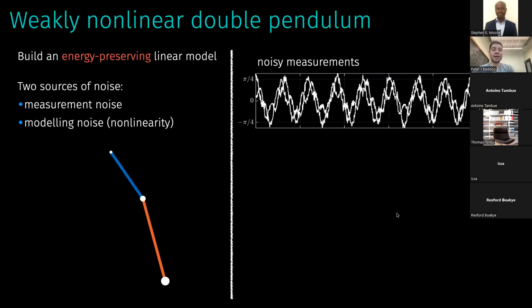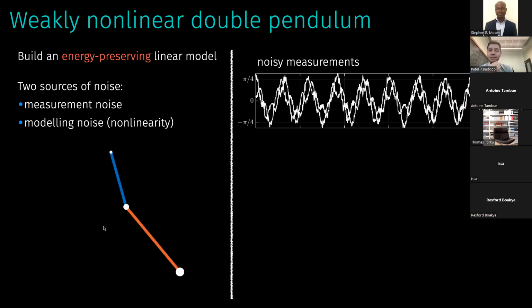And we applied that principle to this problem where we're studying a nonlinear double pendulum. We're looking at the small amplitude regime. So this system is approximately linear. And if we neglect the effects of viscosity and air resistance, then this system is energy preserving.